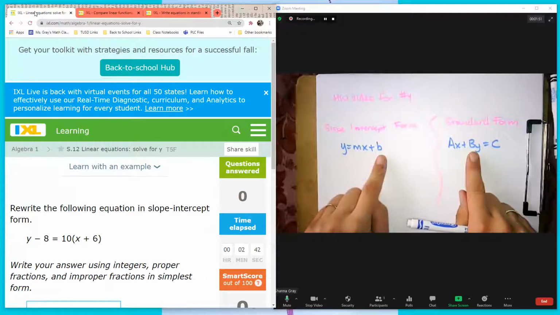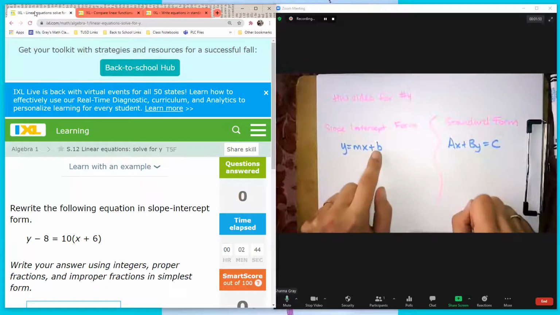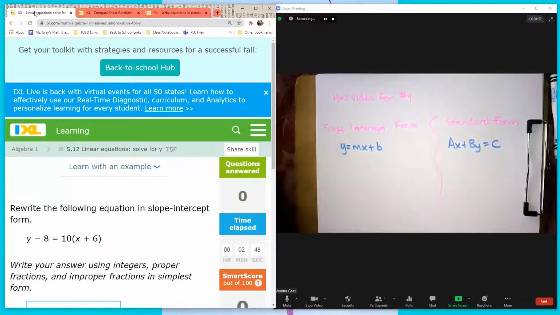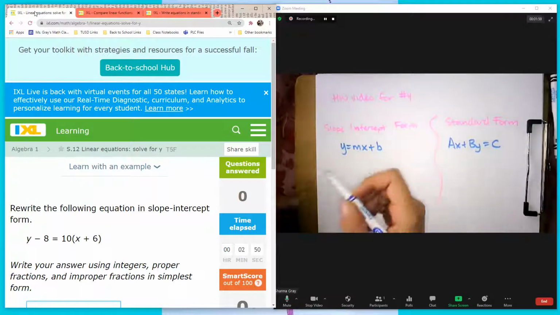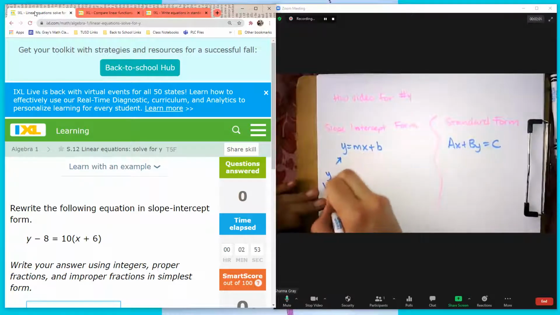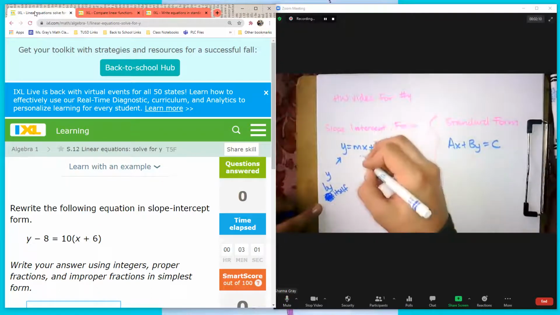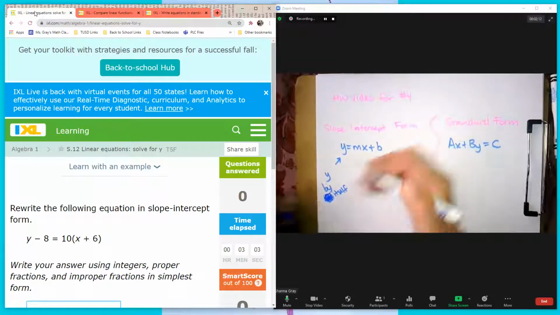Notice we use b in both, but these are different b's. So this is the y-intercept. This is a coefficient of y, but it's a different number. But this has y by itself. Y all by itself, and then it has everything else over here on the other side.